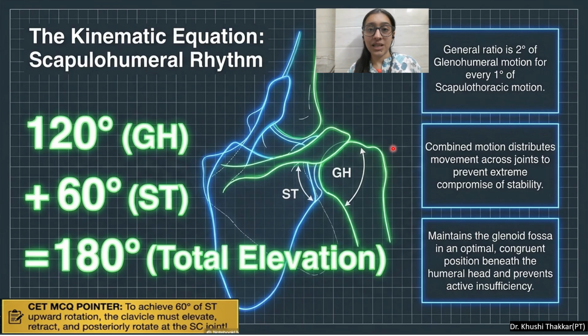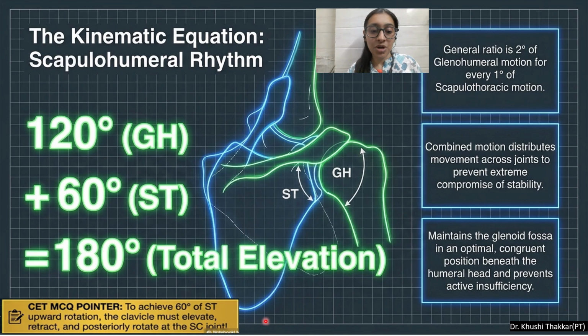Now this combined motion distributes movement across the joints to prevent extreme compromise of stability, to maintain the correct kinematics, and also to prevent any abnormal or dysfunctional movement. This also maintains the glenoid fossa in an optimal congruent position beneath the humeral head and prevents active insufficiency or any dislocation, impingement, or abnormal kinetics or movement dysfunction.